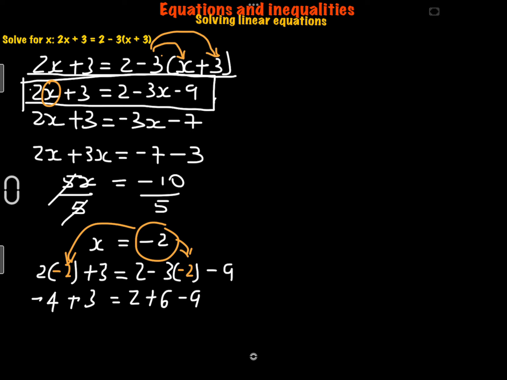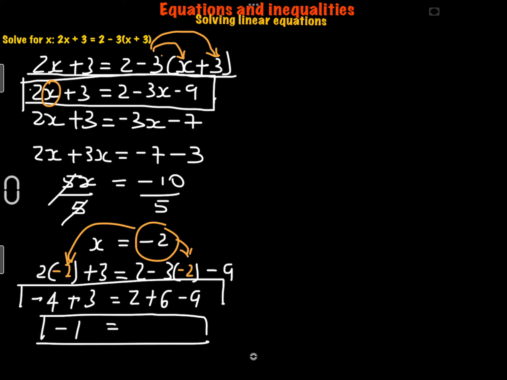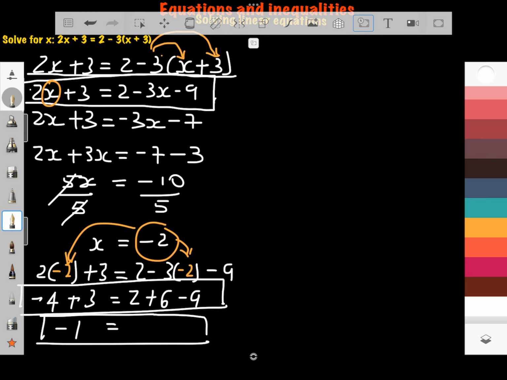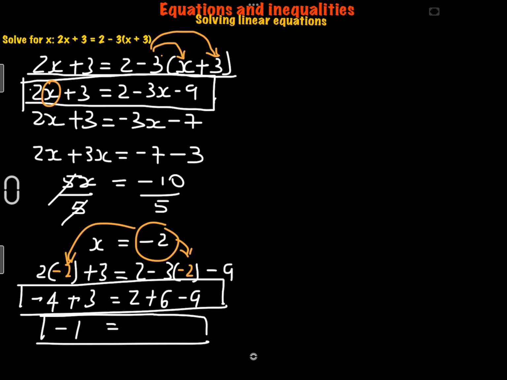So we have negative 4 plus 3 gives us negative 1, is equal to 6 plus 2 gives us 8 minus 9 gives us negative 1. In other words, the left hand side is equal to the right hand side.